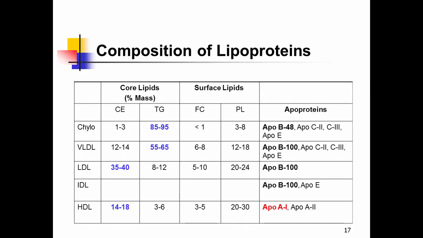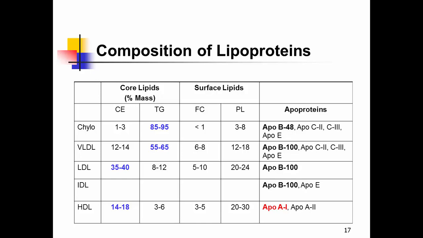Okay. So, composition of lipoproteins. This table just shows us the different types of lipoprotein. There are core lipids, the composition of core lipids, and surface lipids, and also apoproteins. For example, chylomicron and VLDL are the two triglyceride-rich lipoproteins. That means these two lipoproteins usually contain a high percentage of triglyceride compared to cholesterol esters.